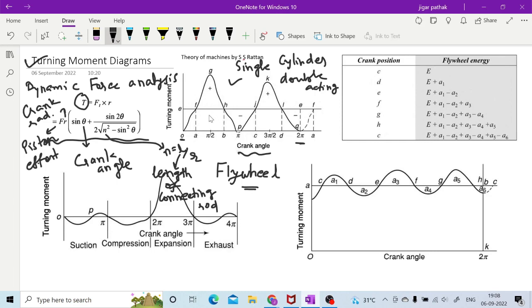So if you see here what is happening, this is the line of mean torque, right? Whatever you are seeing, this particular line, right? This line is the line of mean torque. It is actually required at every time. So sometimes what happens, the energy generation is in excess, right, like FGH, so that will be stored in your flywheel.